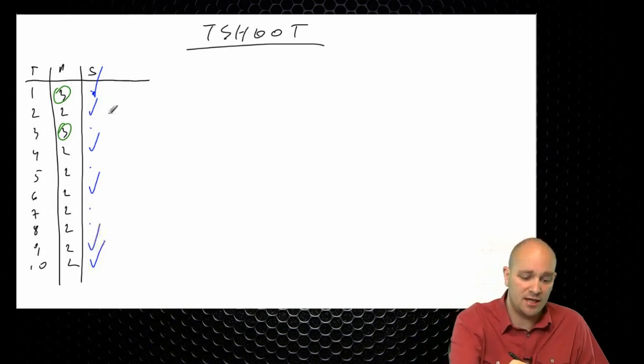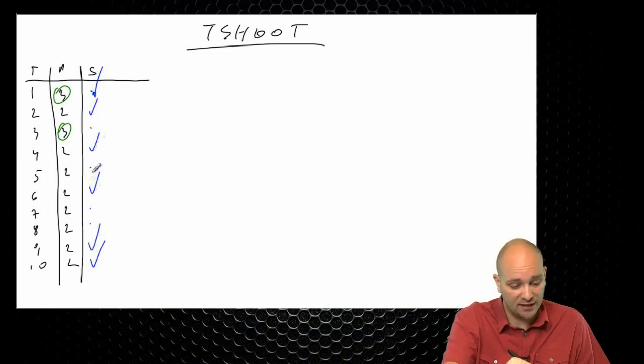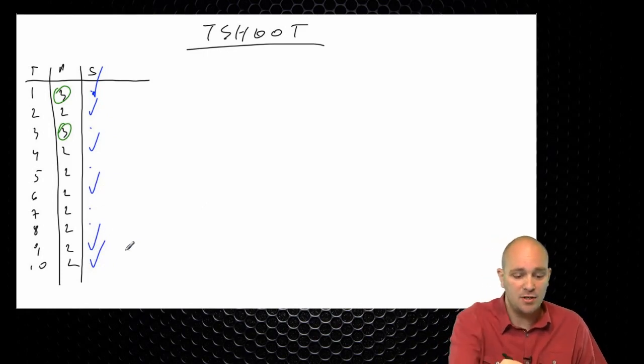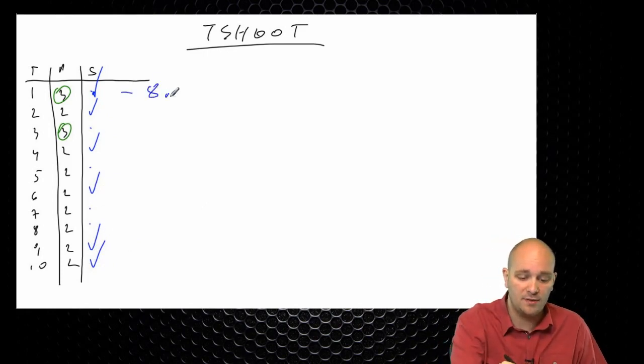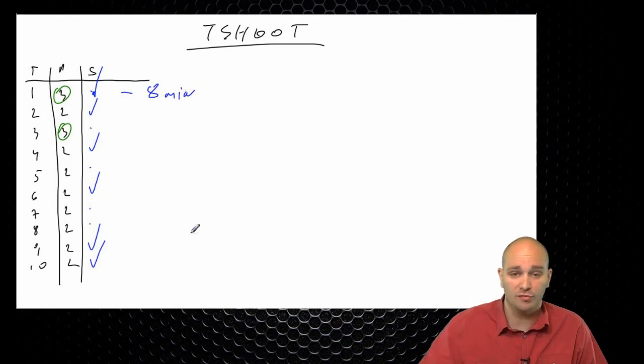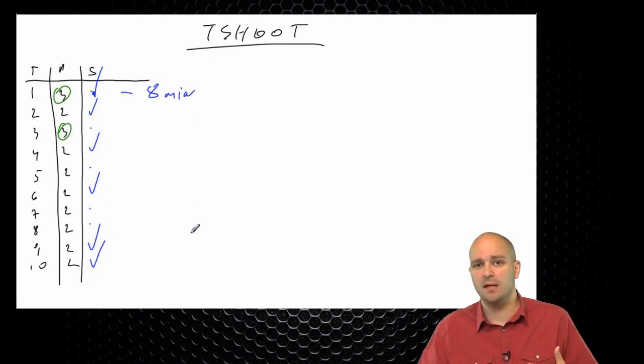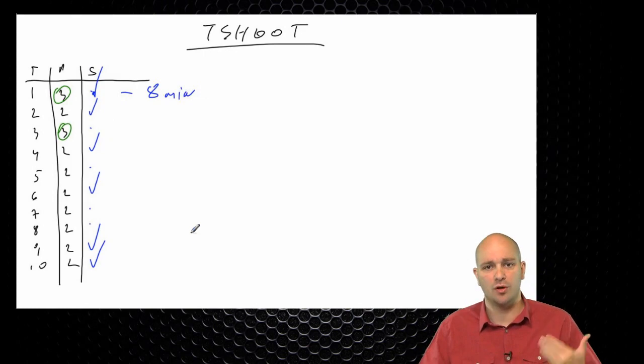You can see here that I managed to complete tasks number 1, 2, 4, 6, 9, and 10, but what remains are 3, 5, 7, and 8. Mind you, I have spent only 8 minutes on each of these tasks, which leaves me some time to go into round 2.